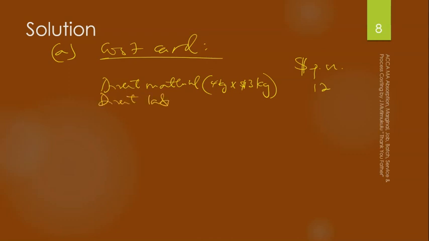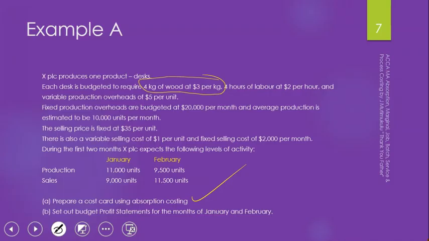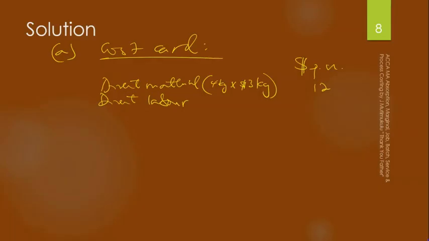Okay, and then we go to direct labor. You just have to follow the template I've already indicated. For labor, each desk requires 4 hours of labor at $2 per hour. So 4 hours multiplied by 2, and we get our $8.